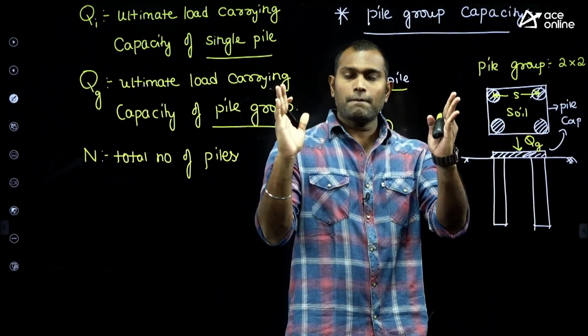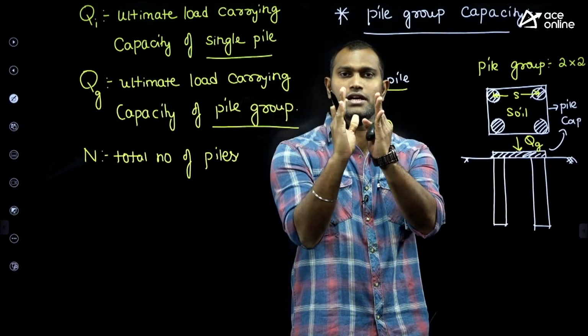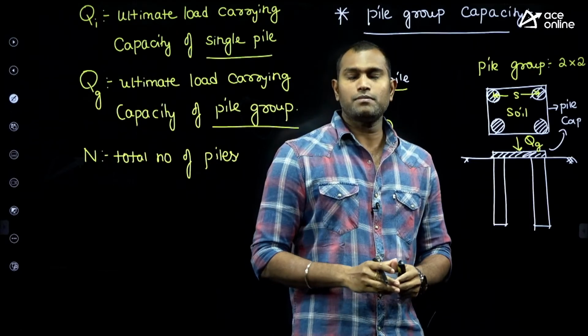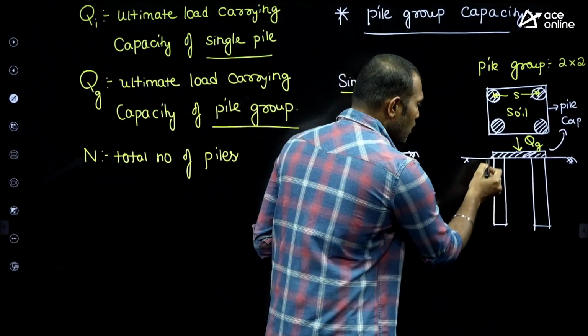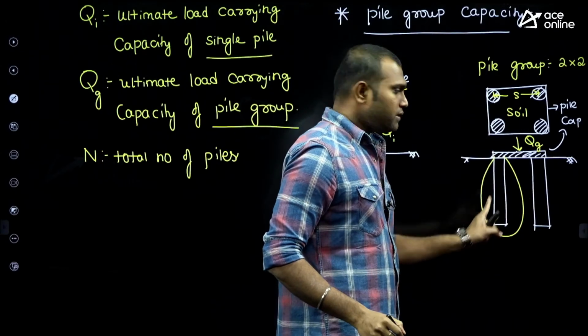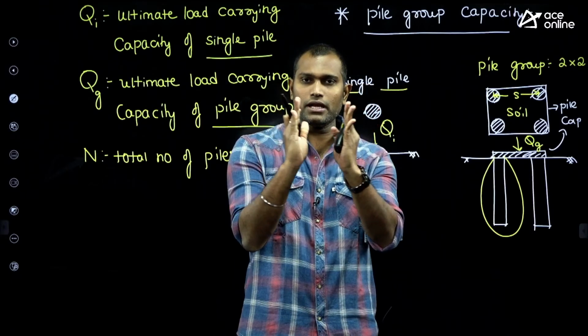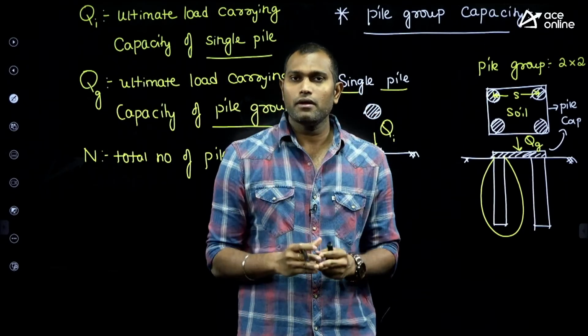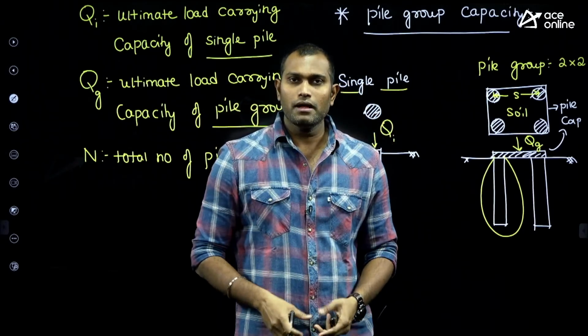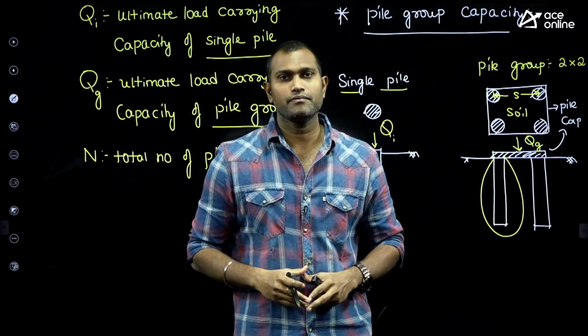If the piles are installed very closely, the problem over here is that the pressure bulbs of the piles may overlap. When the pressure bulbs overlap, the capacity of the soil to take the load decreases.